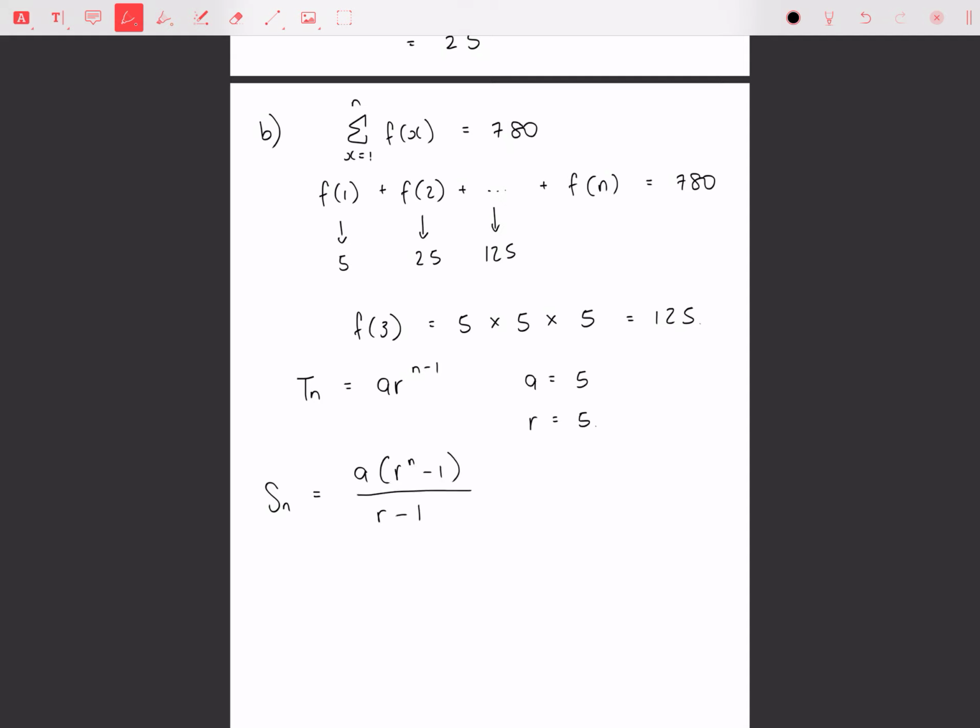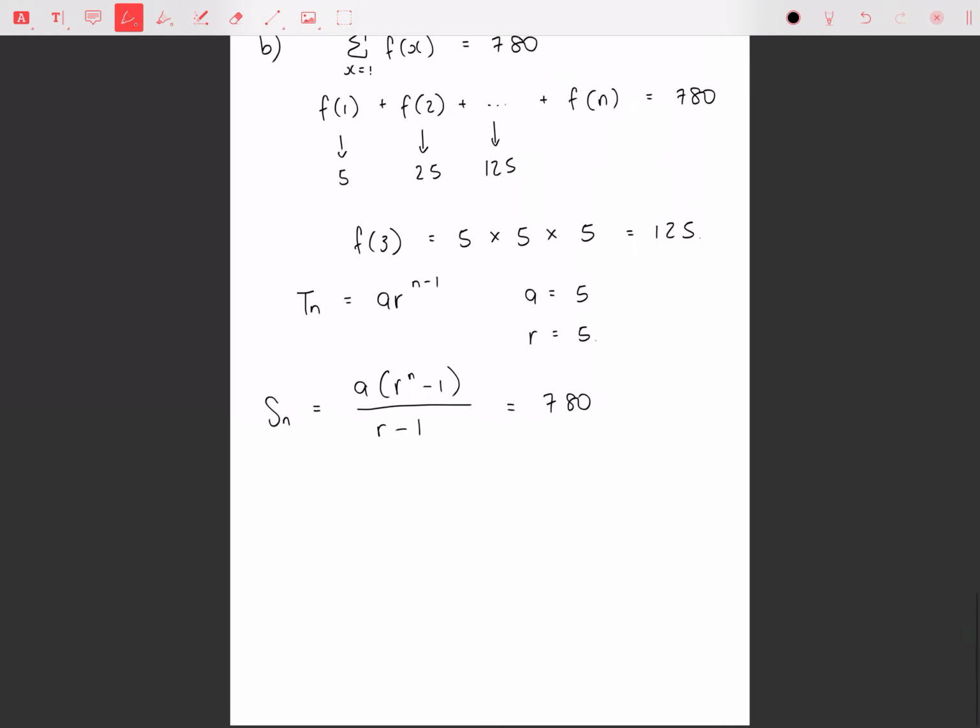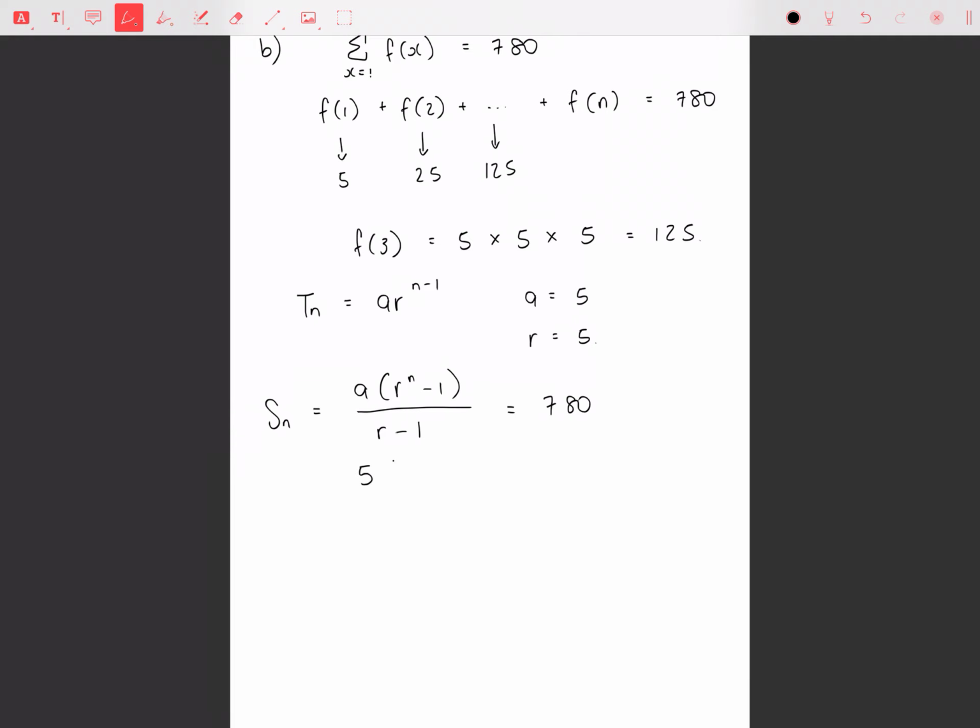This is on your data sheet, and that is all equal to 780. And as we said, a is 5, r is 5, and that's equal to 780.